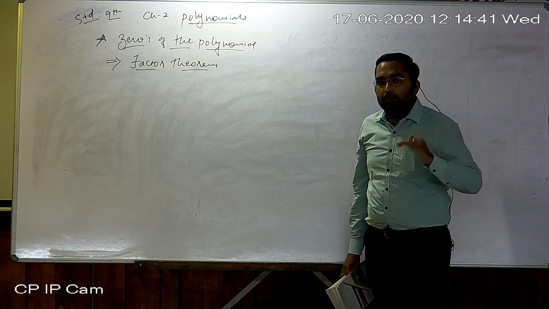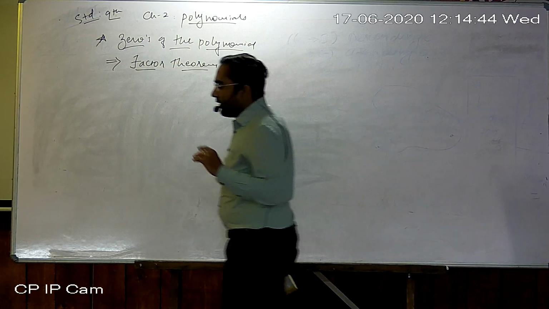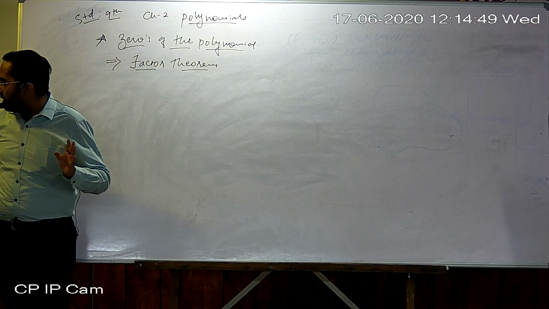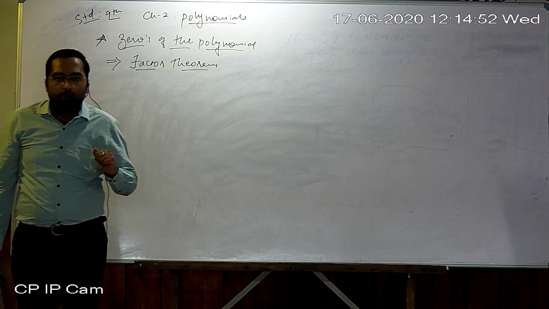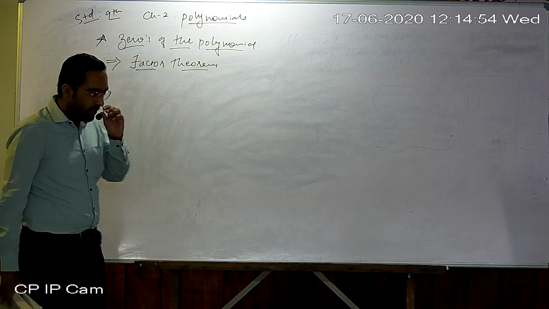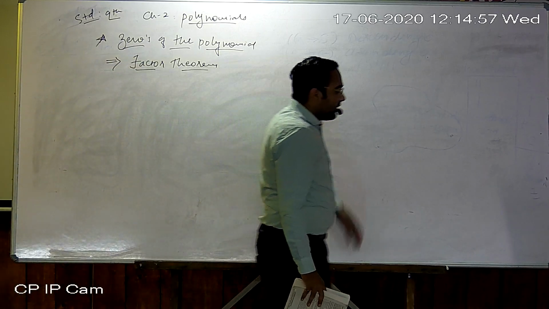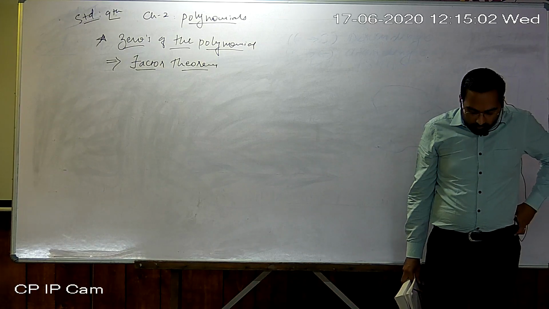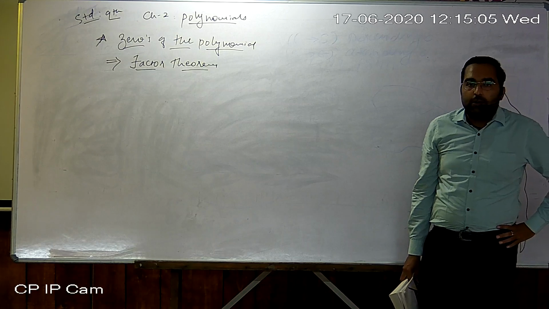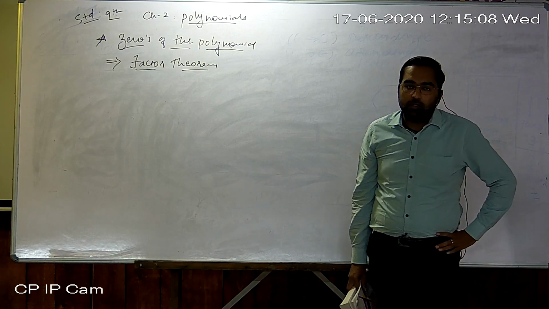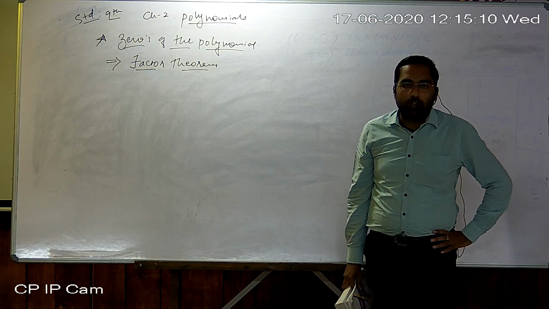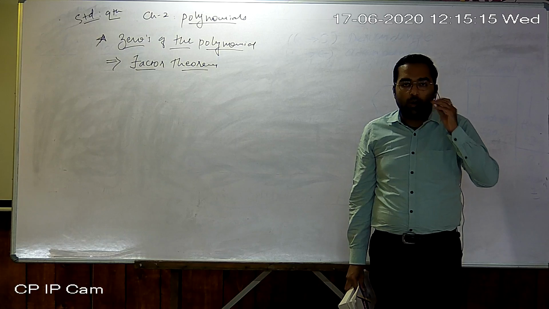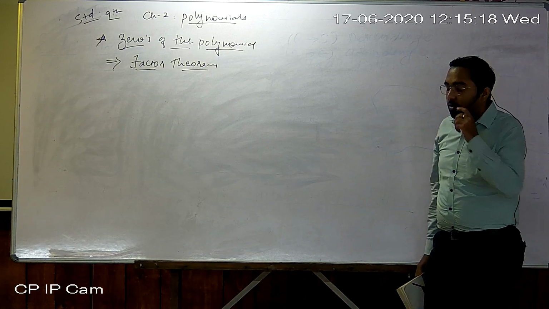And second, if zeros are not given in a polynomial, then first assume values, choose values of x, put them in the given polynomial, and check whether the remainder is 0 or not.